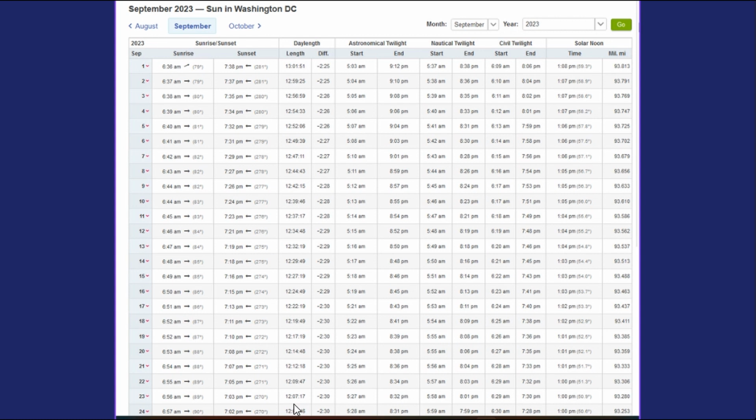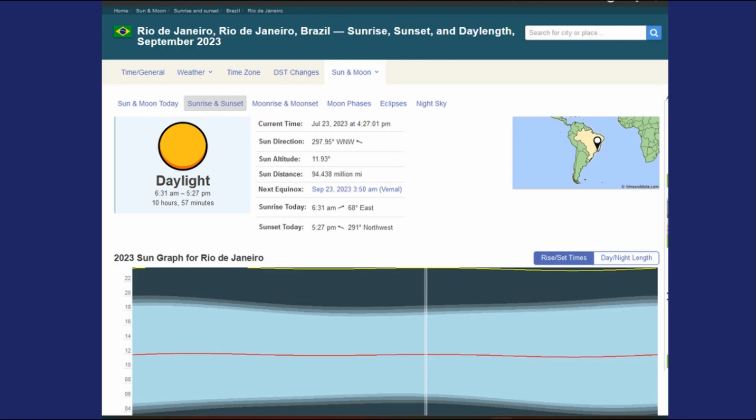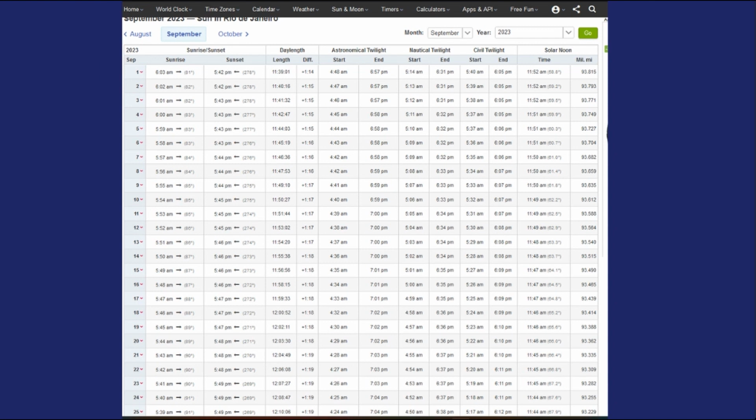We are a lot further south than Greenland. But let's go even further south, to Rio de Janeiro. On the 23rd of September, the sun rises 90 degrees east and sets 269 degrees west, and it has 12 hours, 7 minutes of direct sunlight on the equinox.